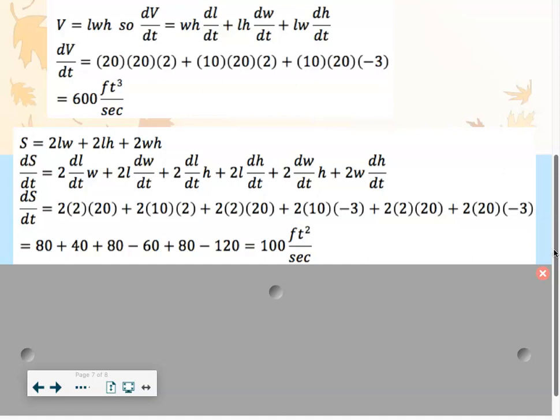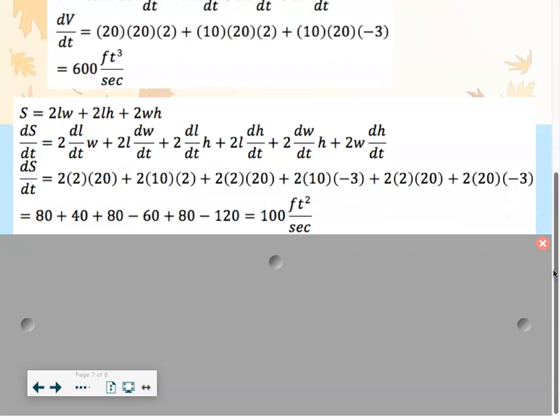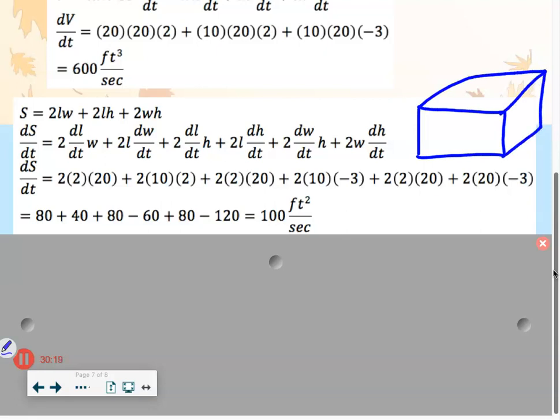Diagonal. Okay, so we had a lot of discussion about how to find a diagonal. When you're doing a diagonal of a box, the diagonal is the distance from one corner to the opposite corner. How do we find this distance?